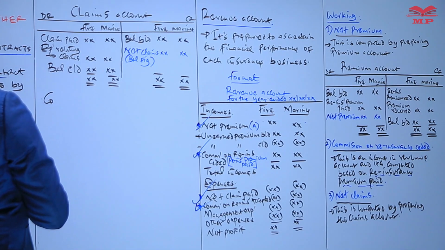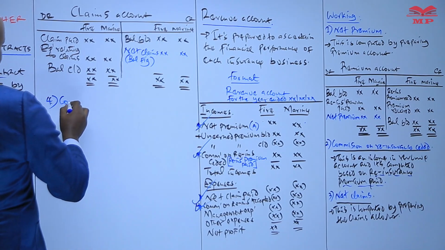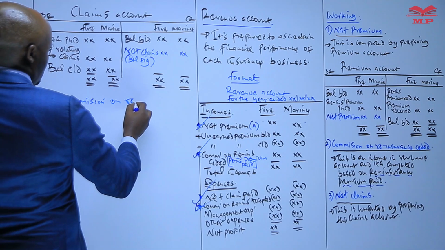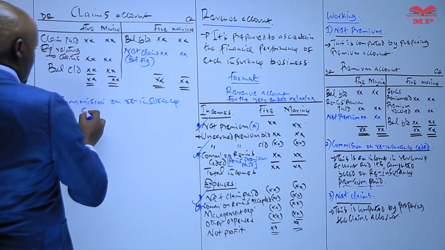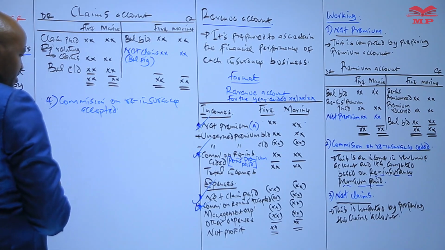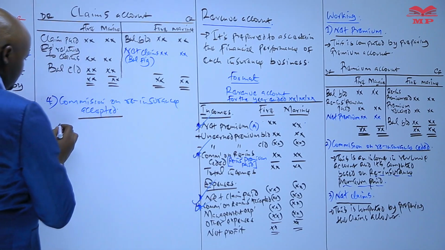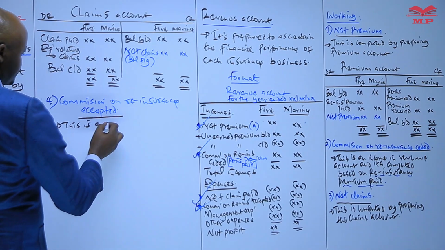This should be item number 4, commission on reinsurance accepted, which first of all we said is an expense.